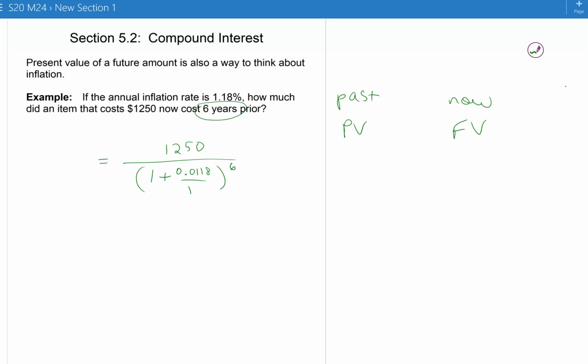And we say, well, what then would be the value in the past? And we'd say it would have been $1,165.04 to buy that thing 6 years ago. And today it will cost $1,250 to buy it.